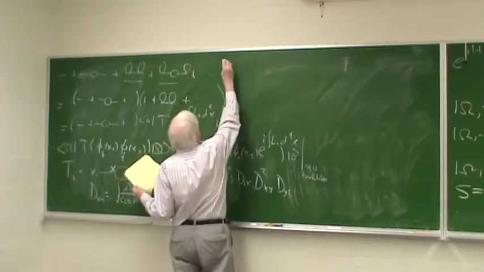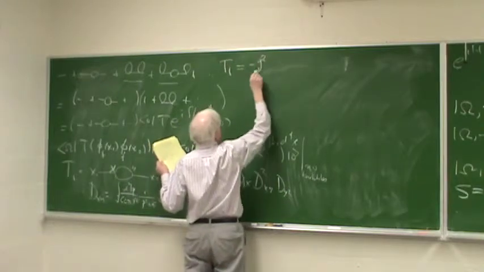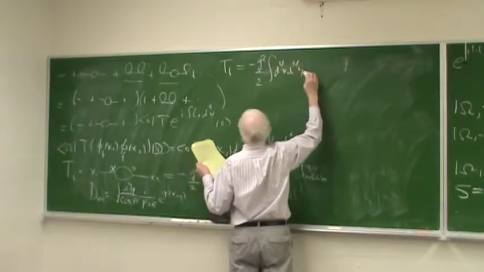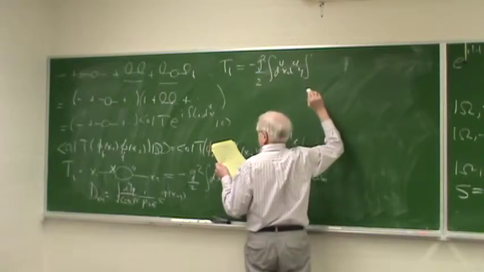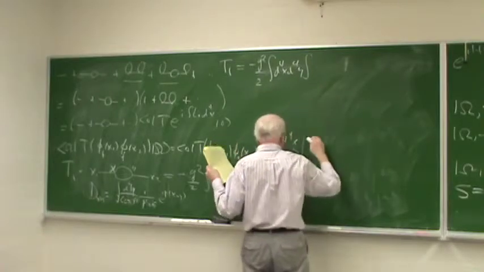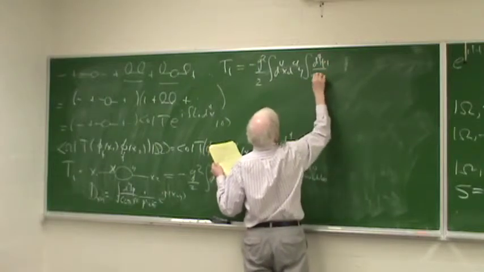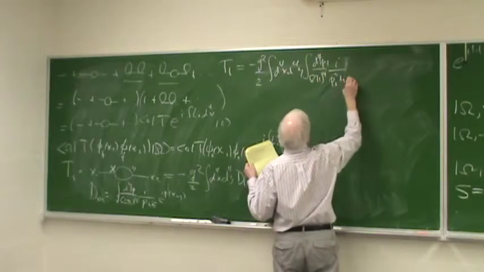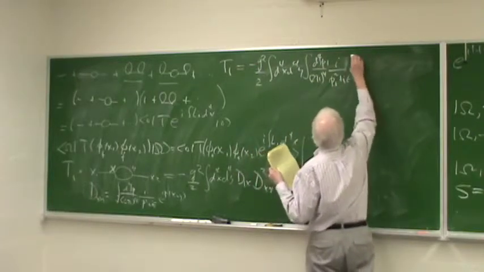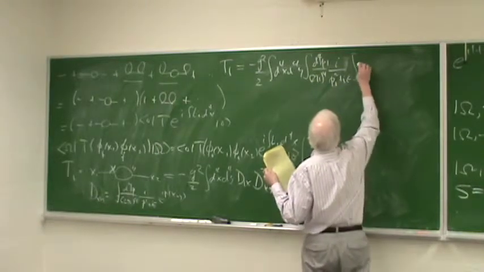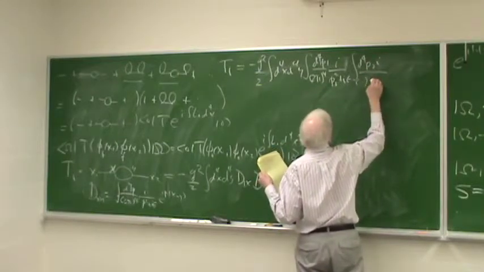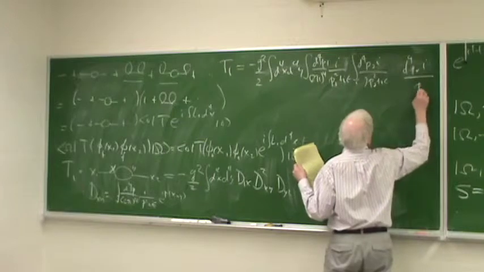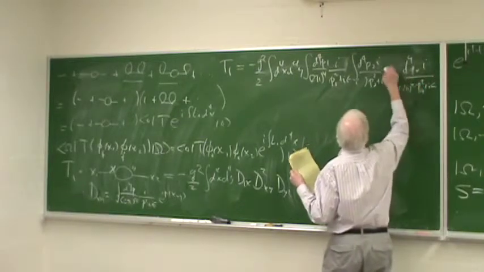T1 is minus g squared over 2, integral d^4x d^4y, and now we've got the integral d^4p1 over (2 pi)^4, i over p1 squared plus i epsilon, and this is repeated, so we get d^4p2 i over (2 pi)^4 (p2 squared plus i epsilon), and so on up to d^4p4 i over (2 pi)^4 (p4 squared plus i epsilon).